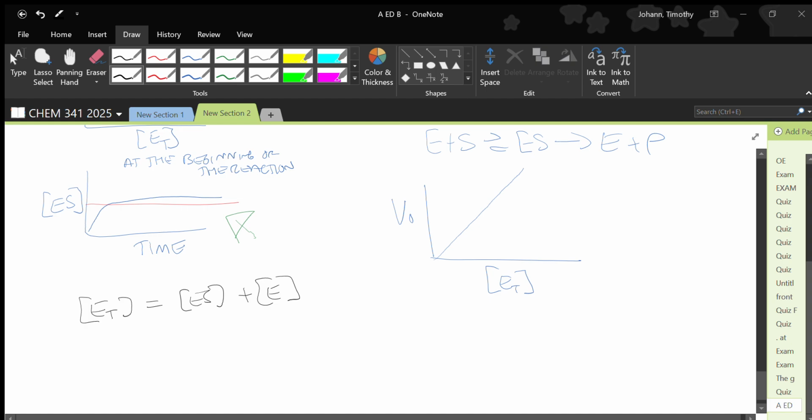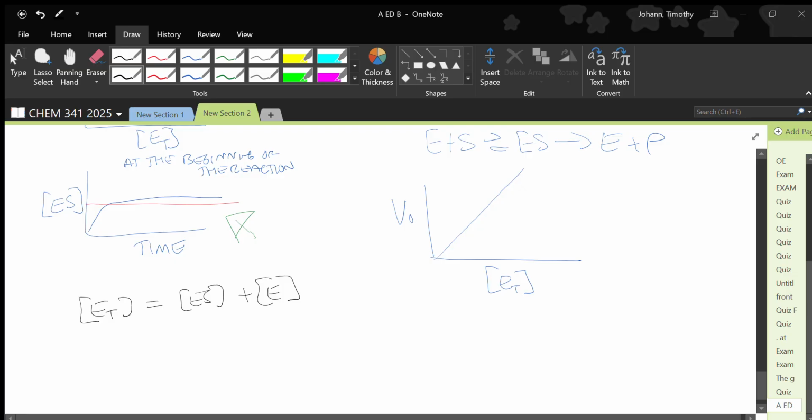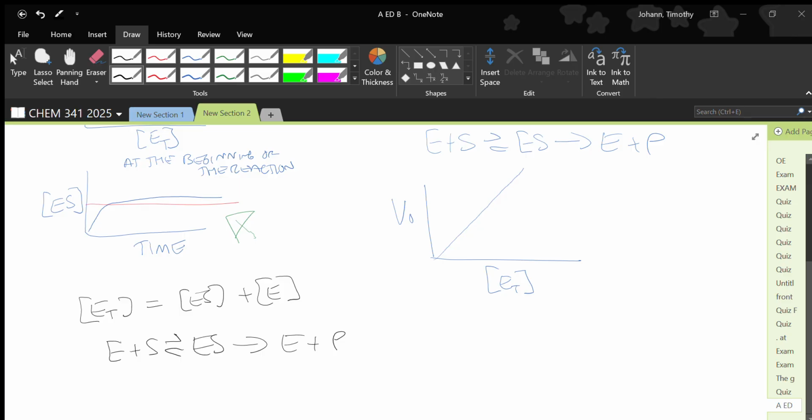What we said is when the enzyme is going as fast as it possibly can, we have our equilibrium where enzyme plus substrate goes to make enzyme substrate complex, and then from that complex the enzyme can make product and release it. So this is going as fast as it can. We've added enough substrate that all the enzyme is saturated. There's no free enzyme.